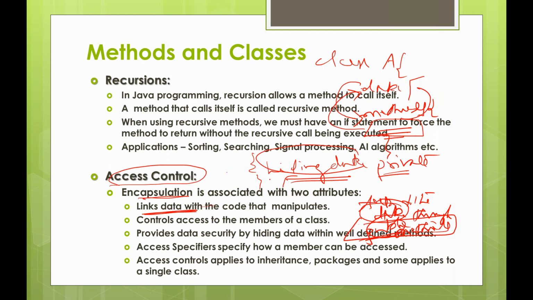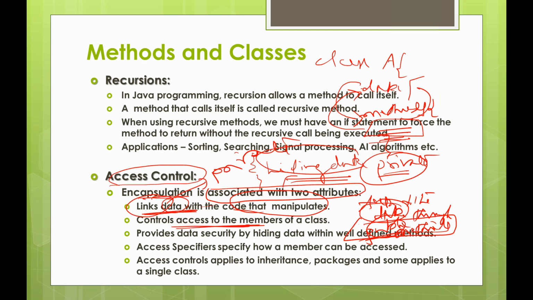Encapsulation is associated with two attributes. One is it links data, that is our instance variables, with the code that manipulates it, that is our public methods. Data is private. And then it controls access to the members of a class.